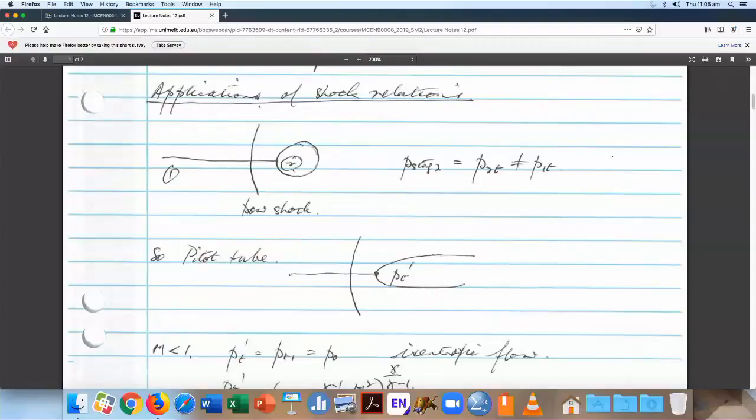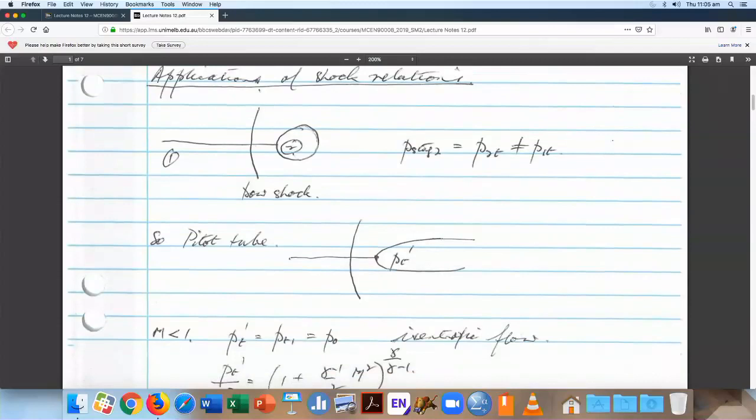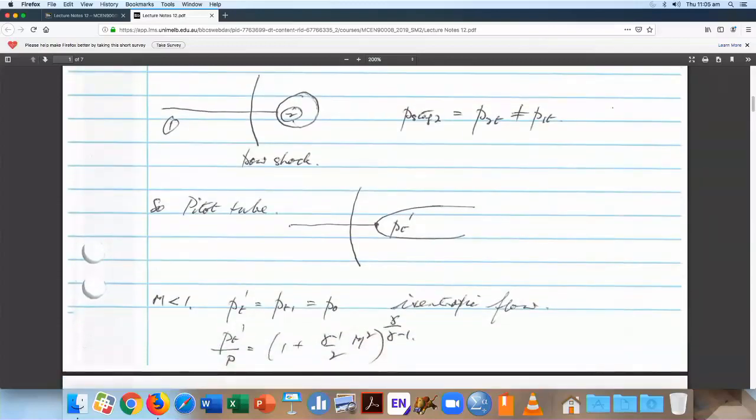Draw a line between incompressibility effects and compressible effects. In that case, there's no shock wave because you could keep the aeroplane stationary and move the fluid, and it's moving with respect to the fluid with a velocity, but that velocity is less than the speed of sound.